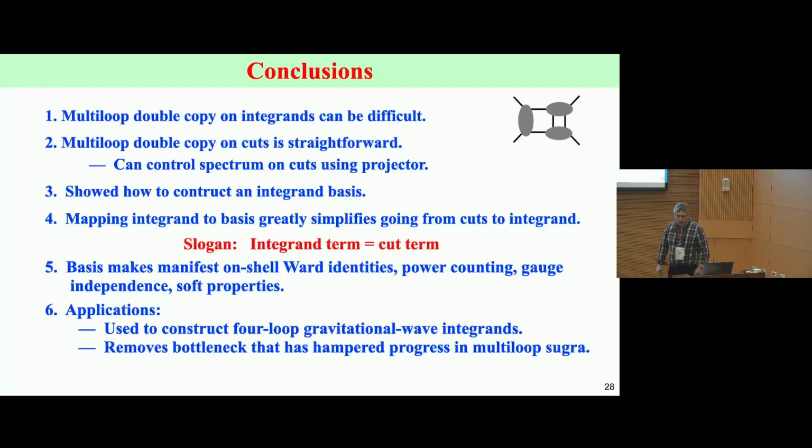So the Yang-Mills integrand. Oh, it's John Joseph somewhere. Oh, he ran away. But anyway, they've constructed a Yang-Mills six-loop integrand. It was in a naughty form that you couldn't double copy it, but now you can.